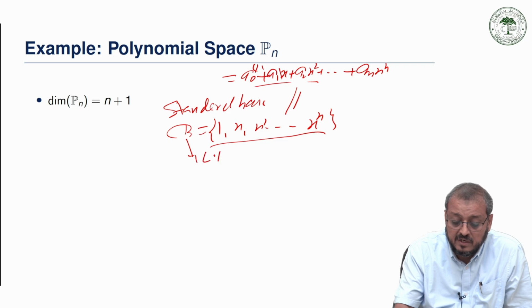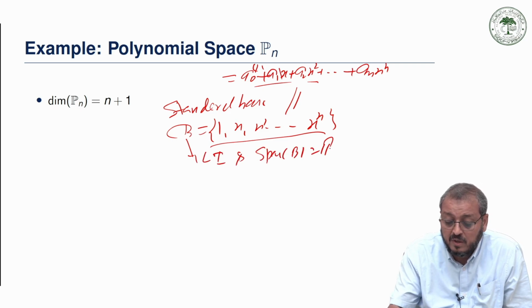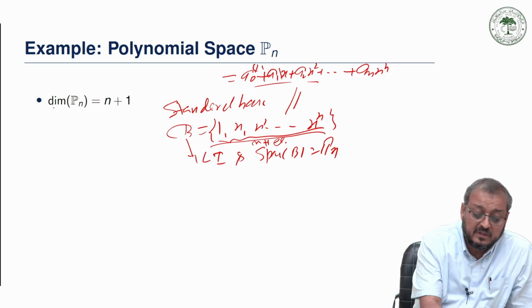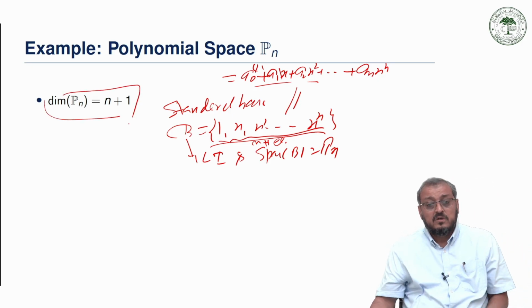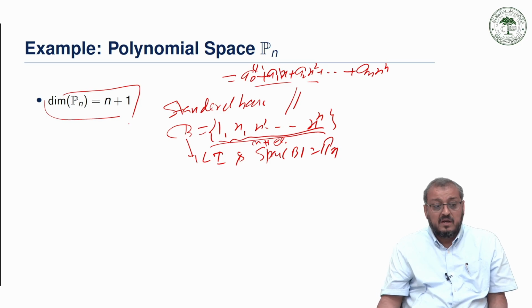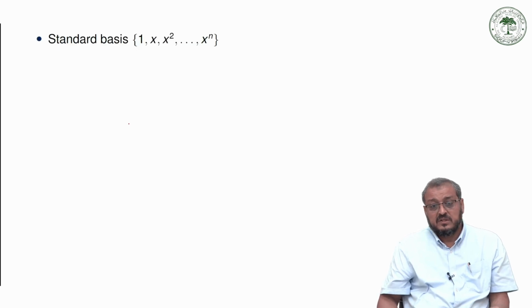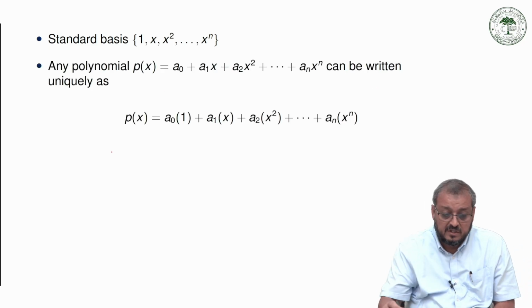So the span of B is equal to Pn, and there are n plus 1 elements. So we can say that the dimension of Pn is equal to n plus 1. So we can just choose the standard basis, and the polynomials can be written in this form.